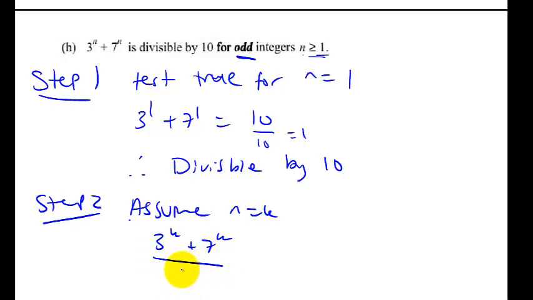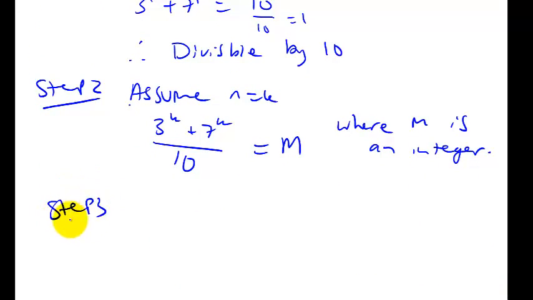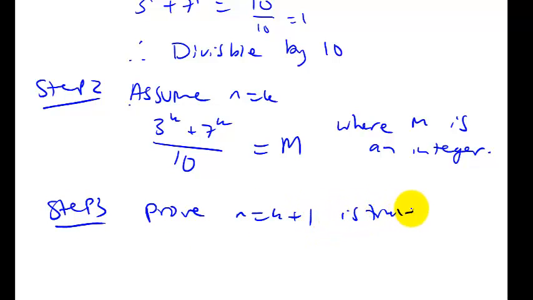So you've got to say it equals 10m, where m is an integer, because it can't be a fraction, otherwise it's not divisible by 10. Step 3. We're trying to prove that n equals k plus 1 is true. So, pretty much 3 to the power of k plus 1 plus 7 to the power of k plus 1 is true.